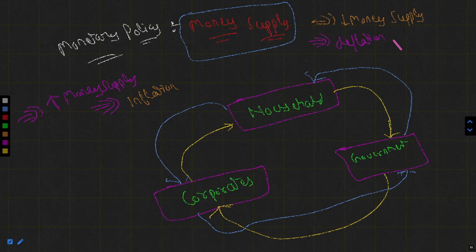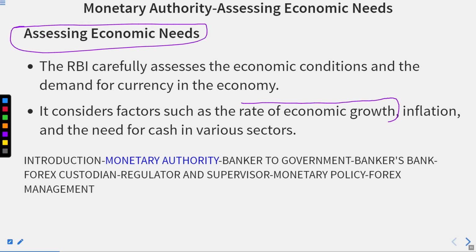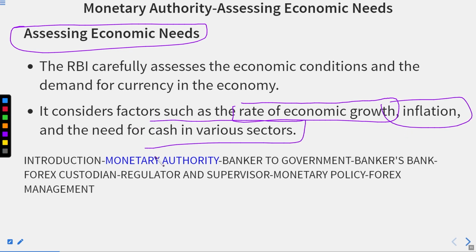So basically, RBI assesses the economic needs: what is the rate of economic growth, what is the inflation, what is the need for cash in various sectors. If the economic growth is slow, it means this is a condition of stagflation or recession.